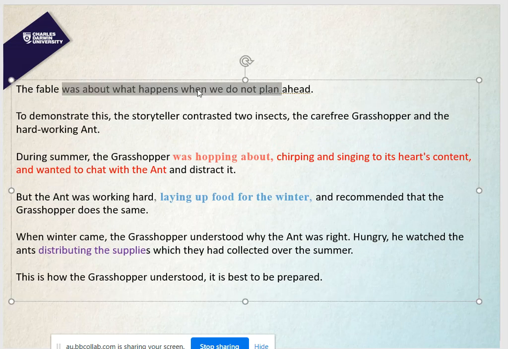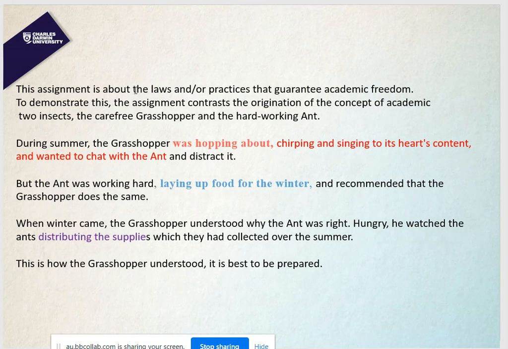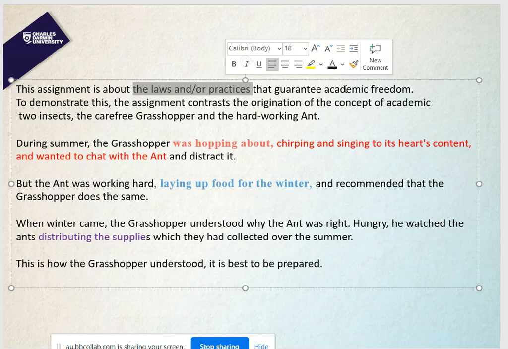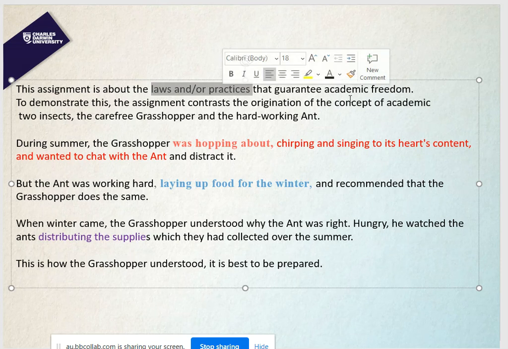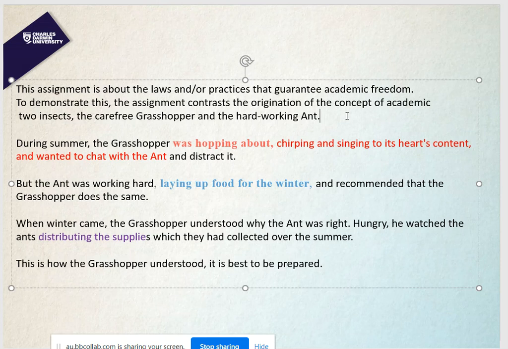So we finally, after some struggle, decided that it's about the laws or practices that guarantee, the origins, or expectations, about whatever guarantees academic freedom. Where does it come from? Exactly. To demonstrate this, to demonstrate what?